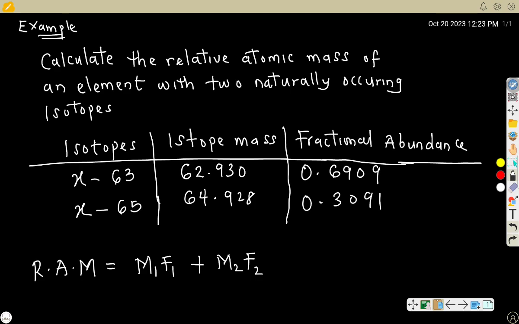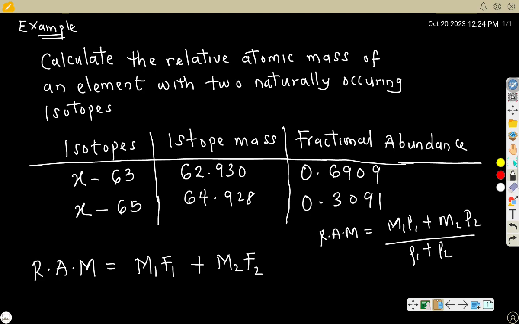If it is percentage that you have in your question, then you use the formula relative atomic mass equals M1 P1 plus M2 P2 divided by P1 plus P2.